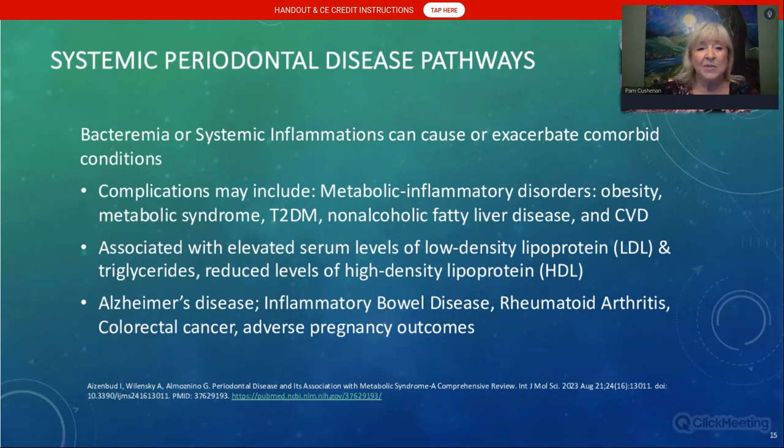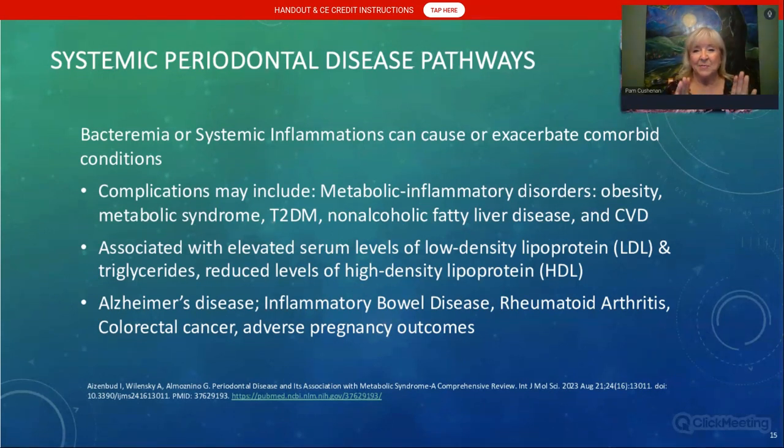So where the bacteremias or systemic inflammation can really cause issues in the comorbid conditions, you can see, as we mentioned already, metabolic inflammatory disorders such as obesity, metabolic syndrome, type 2 diabetes, non-alcoholic fatty liver disease, and cardiovascular disease.